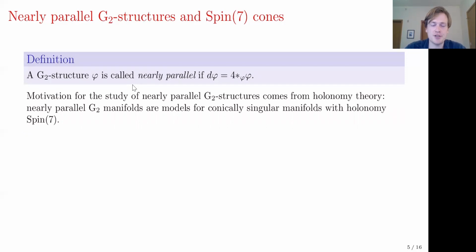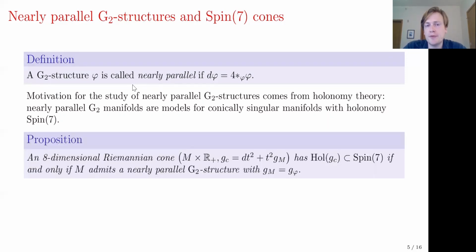So an 8-dimensional Riemannian cone manifold should topologically be a 7-manifold M times the positive real numbers, with the cone metric g_C, C for cone, equal to dt squared, where t is the coordinate on the R+ direction. g_C is dt squared plus t squared g_M, where g_M is some metric on the 7-dimensional link of the cone.